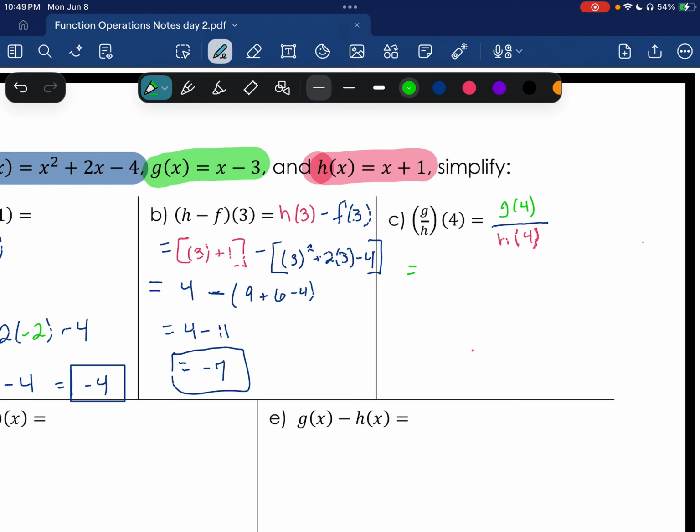End up with, start combining terms. We have x squared up front, x plus 2x is 3x.